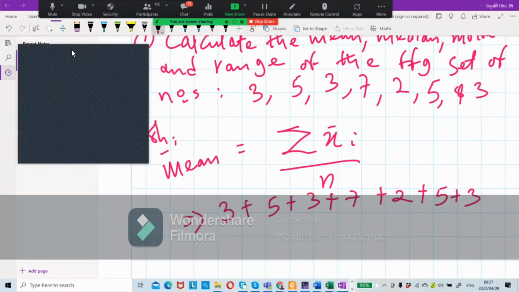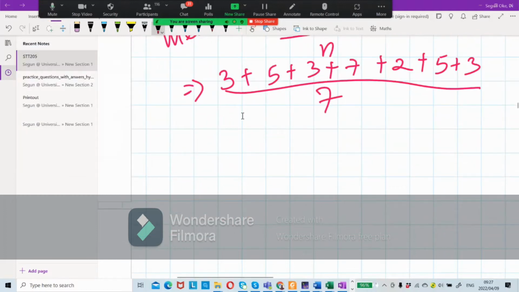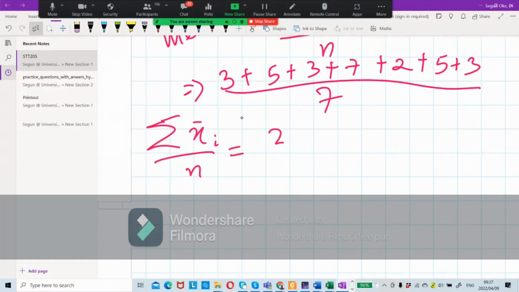So how many numbers do we have here? 1, 2, 3, 4, 5, 6, 7, divided by 7. So we now have summation of x sub i over n equals 28 divided by 7, which is equal to 4.